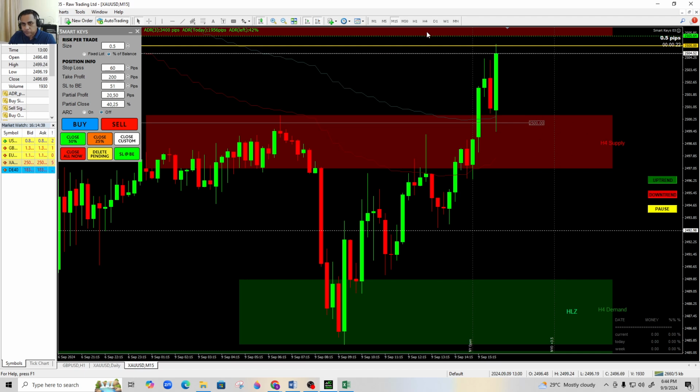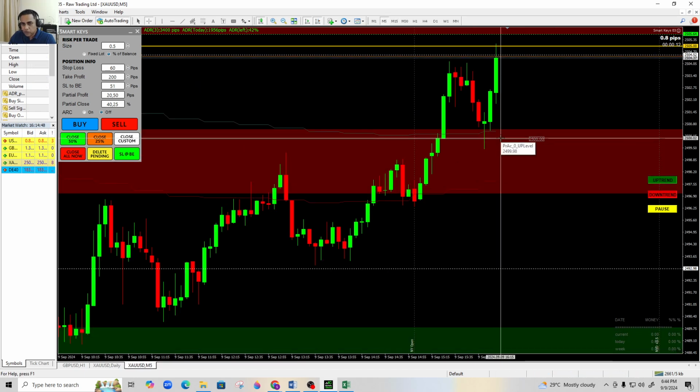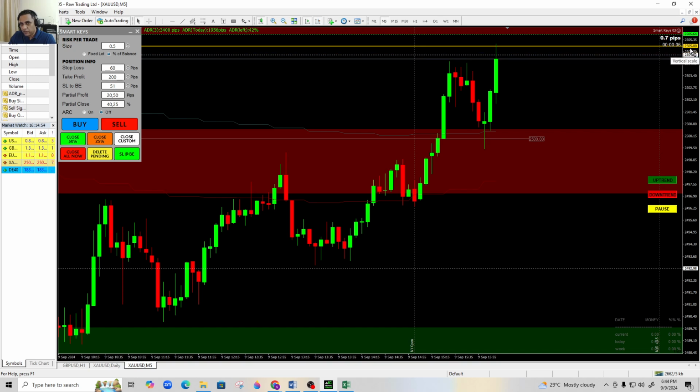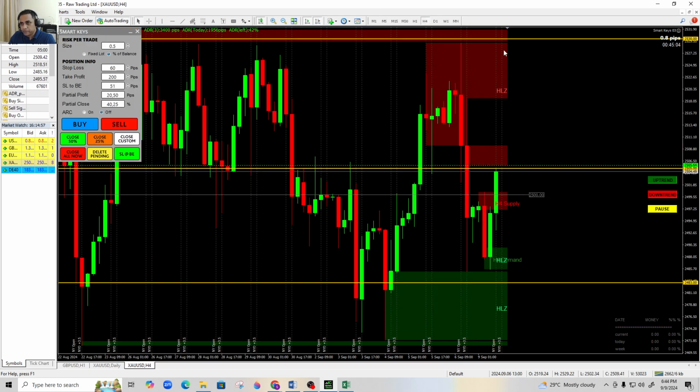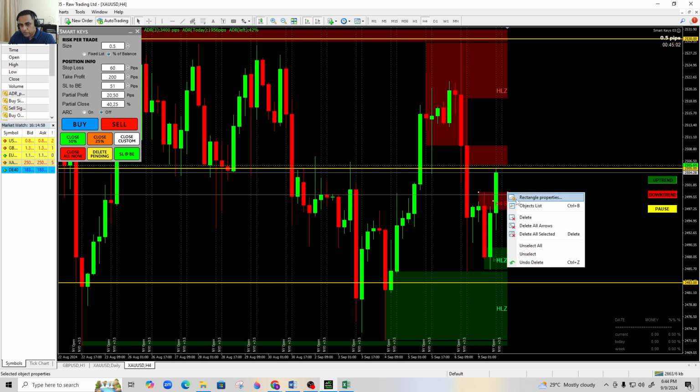I could have deleted it at the previous candle, but I wanted to see if price would continue down. Obviously, it's pushing back from 2,500. It's a great push up, about 50 pips, and now we've touched 2505. So now we delete this one.